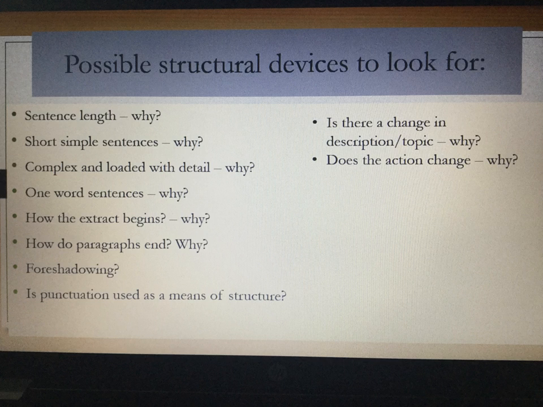Could potentially warn us about events that are to come? Because remember, foreshadowing is a warning to the reader. So don't feel nervous about potentially saying, perhaps this instance of foreshadowing is suggesting this. Because remember, you're only given an extract.